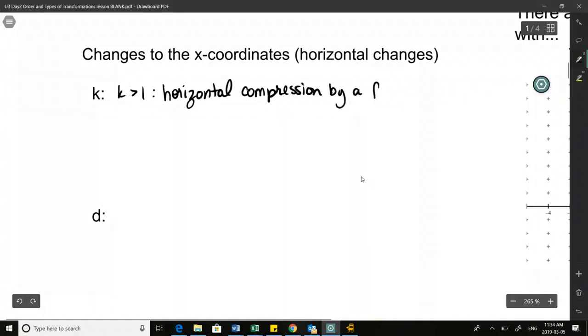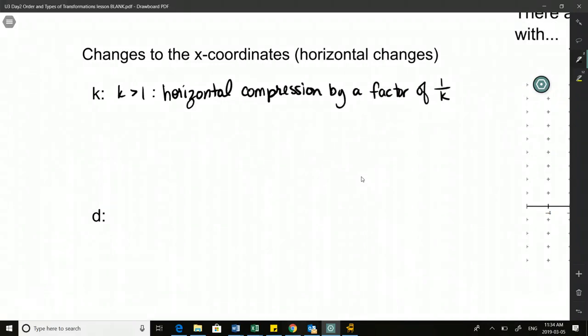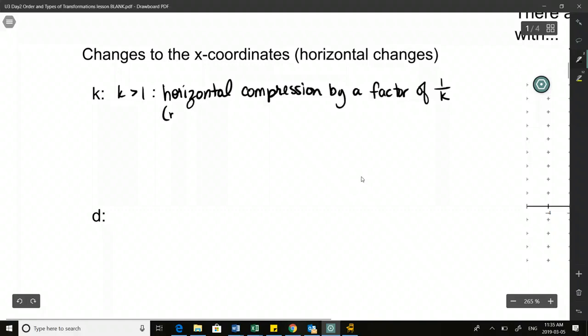So when we say by a factor of, we say by a factor of 1 over k. We flip the k value. So if the k value is 3, we say horizontal compression by a factor of 1 over 3. Essentially what we're doing is multiplying the x's by the reciprocal of k.